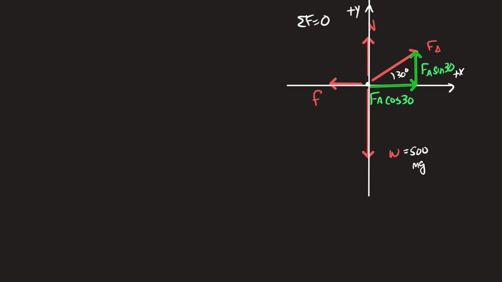This looks great. So here's where I put together, are you able to put these pieces together? And that comes down to net force in the x direction equaling 0 and net force in the y direction equals 0. And I should have seen something like FA cosine theta minus friction equals 0.